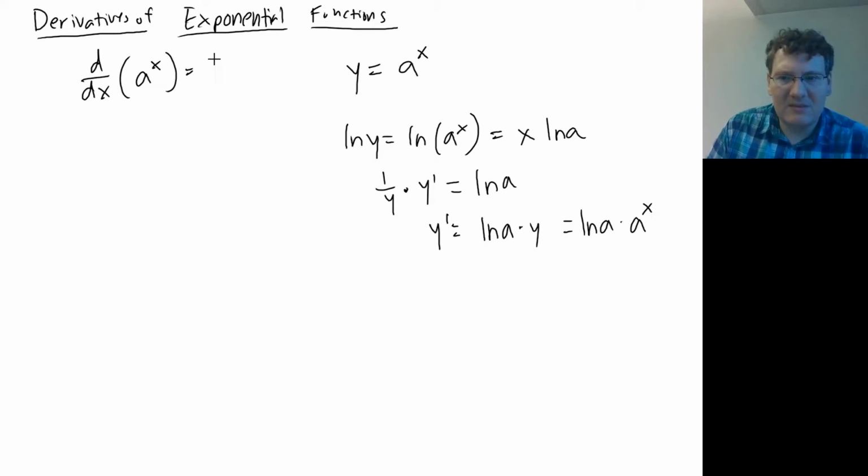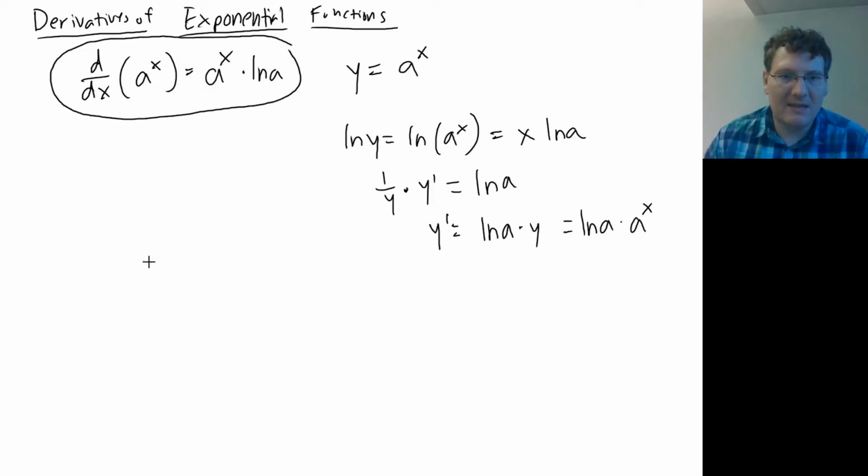Sometimes people write a to the x times the natural log of a. There's the derivative of the exponential function. Using logarithmic differentiation, it's really easy to get. So that is pretty powerful. This technique handles anything with x's in the exponents.